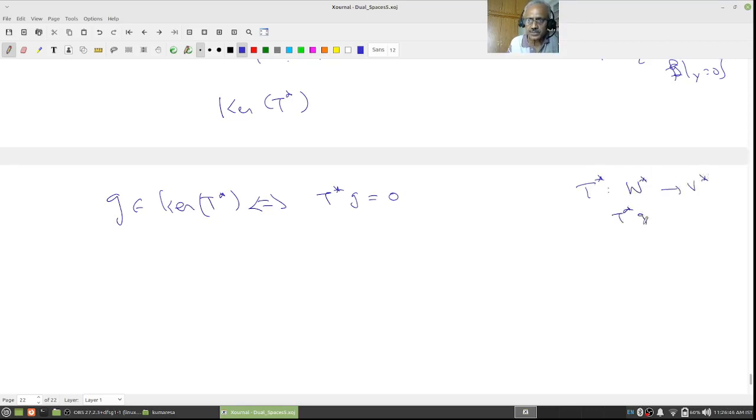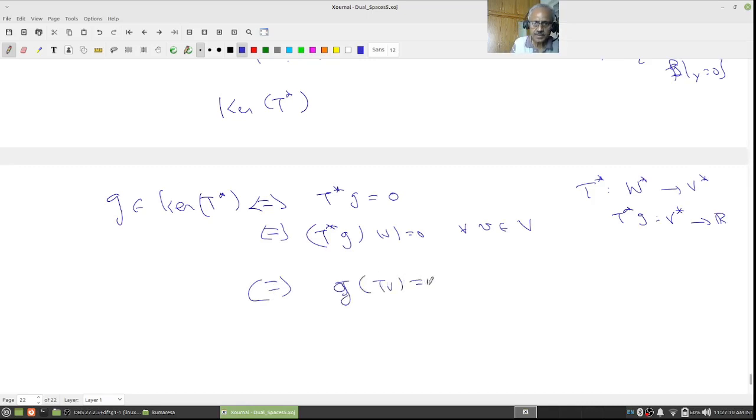Therefore, T star of G is a map from V to R. Therefore, this is true if and only if T star of G at V is 0 for all V in V. But what is the definition of T star of G at V? This is G acting on TV, which is 0 for all V in V. What does that mean? This means G belongs to the annihilator of the image of T.